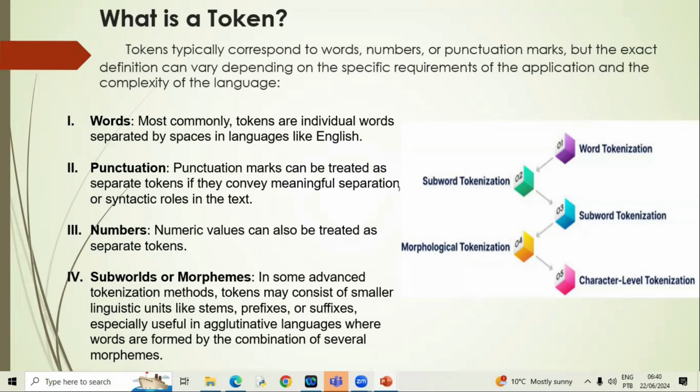Now finally, the morphemes. In some advanced tokenization methods, a token may consist of a smaller linguistic unit like stems, prefix, suffix. Like I will say a blue sky. So blue is a color and it is a prefix for this sky.